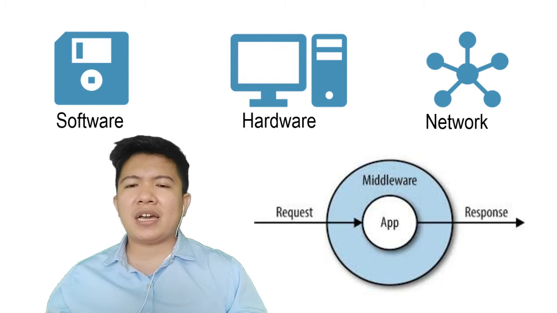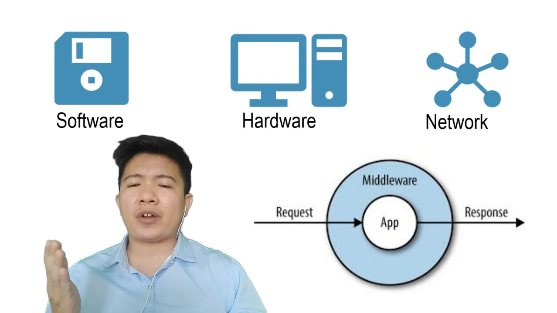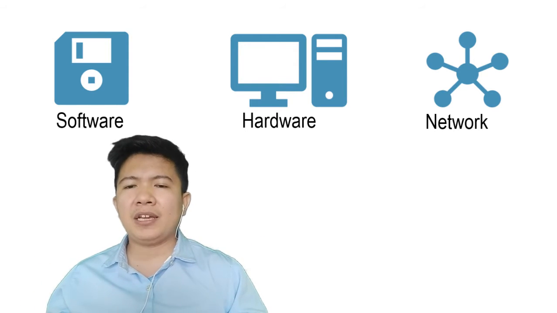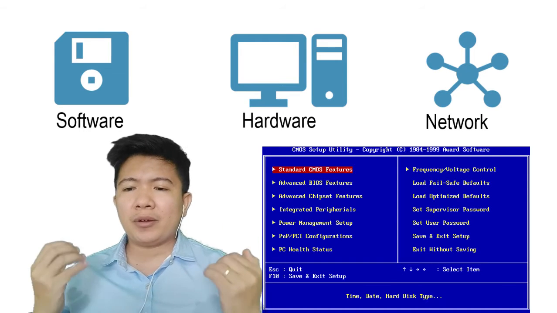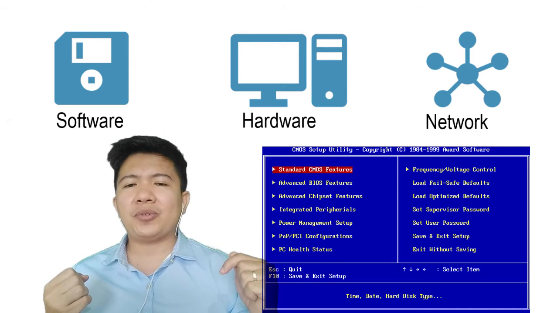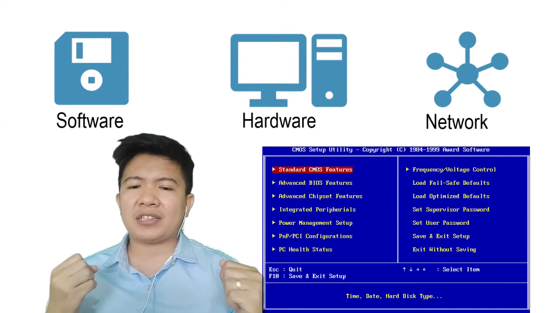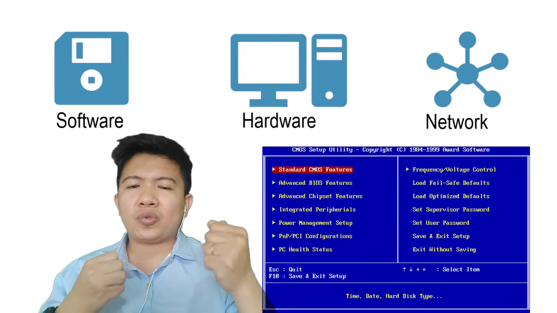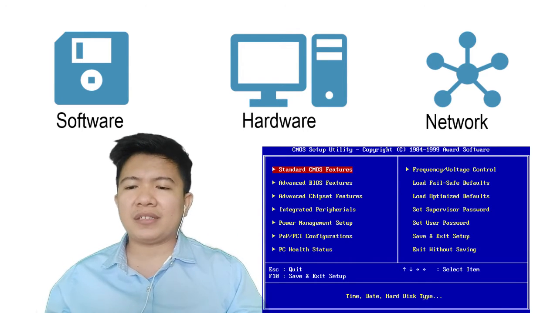Basically, it functions as a support to the application software by providing it services that cannot be provided by the operating system. While firmware refers to permanently programmed software that is installed into a read-only memory of the device, which allows users to control the hardware of the device.